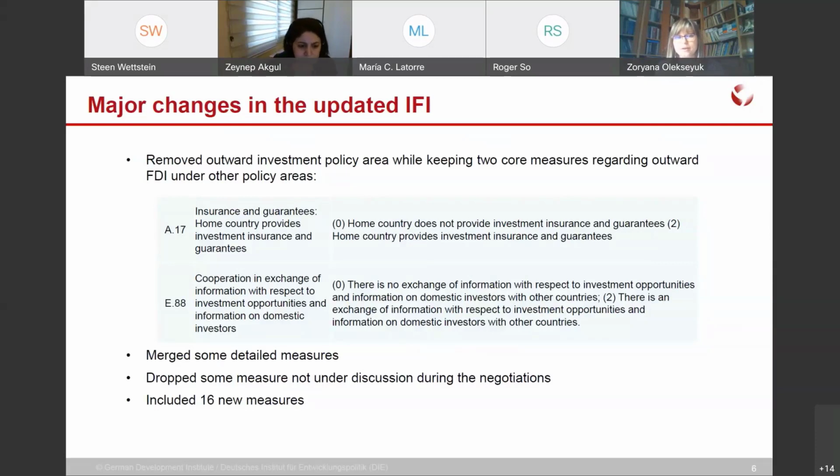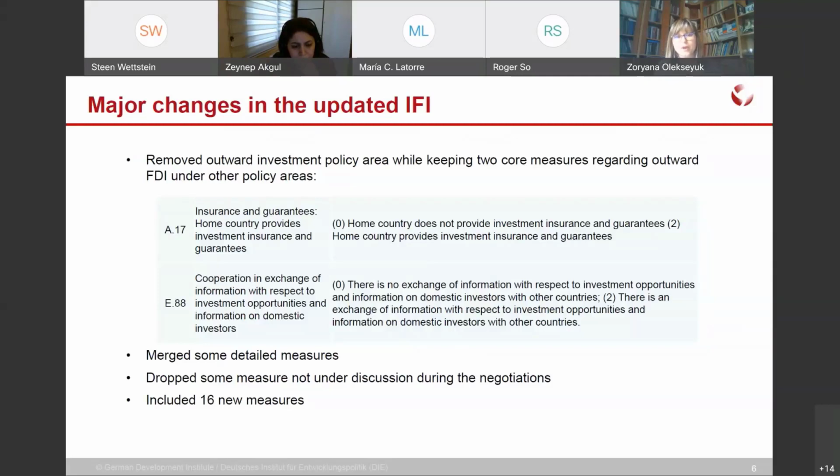But as far as it's not on the table, we decided still to include the most important measures regarding outward investment, the 2 displayed here under different policy areas, and that's insurance and guarantees. So the home country provides investment insurance and guarantees to the investor, and cooperation and exchange of information with respect to investment opportunities and on domestic investors.